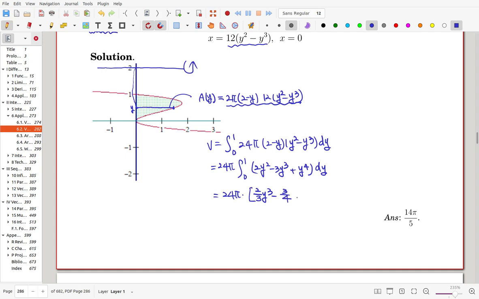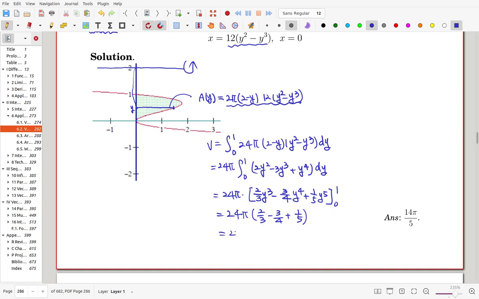So here, that is the constant times 2 over 3 y cubed minus 3 over 4 y to the 4 plus 1 over 5 y to the 5, from 0 to 1. So that is the constant times 2 over 3 minus 3 over 4 plus 1 over 5.